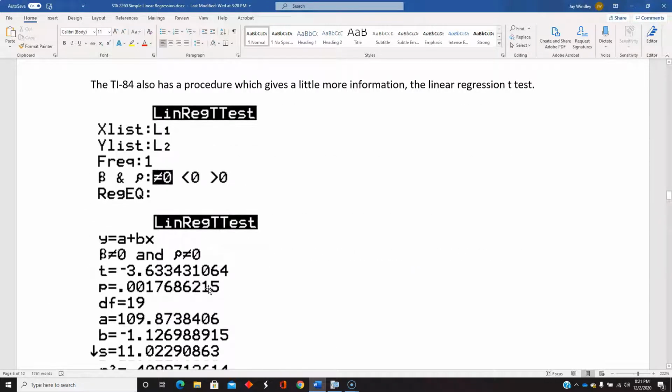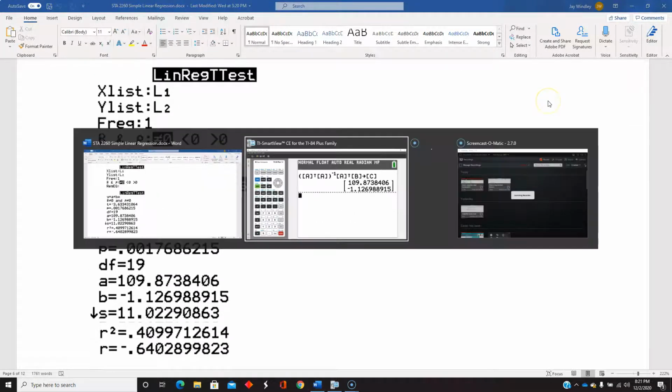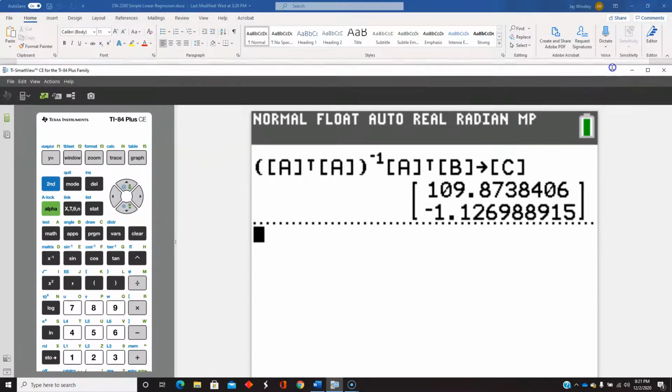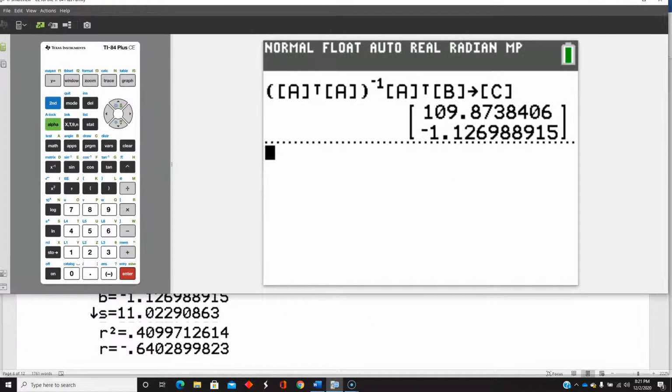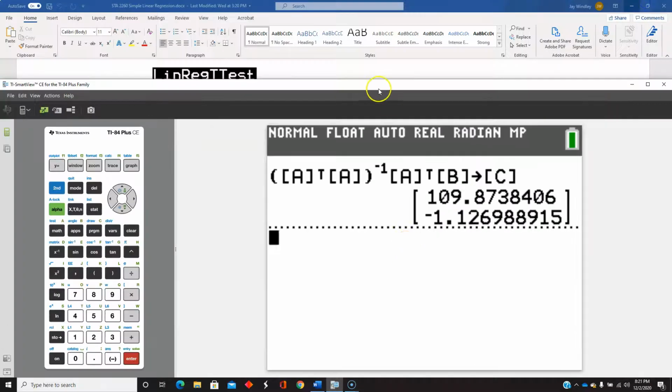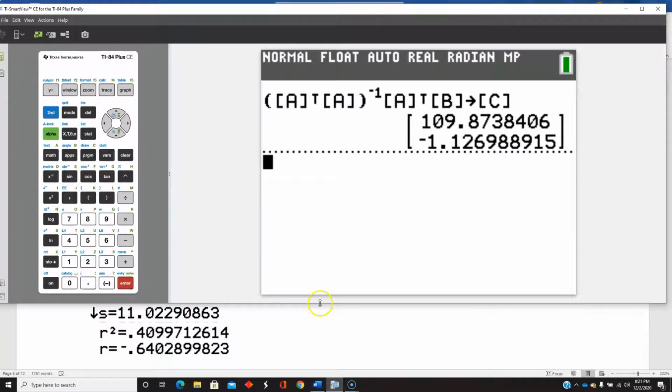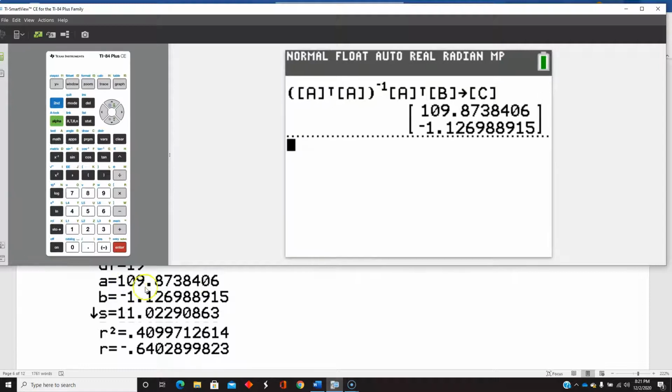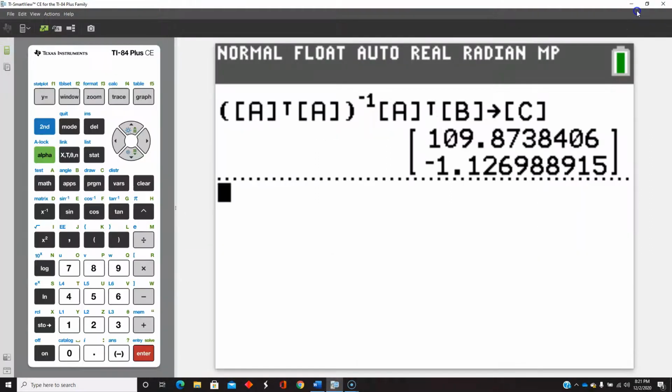So if I go up and look at what we got from the linear regression t-test, 109.8738406. Exactly all those decimals, the exact same answer, and I'm just a little bit excited that this happens using only matrices.